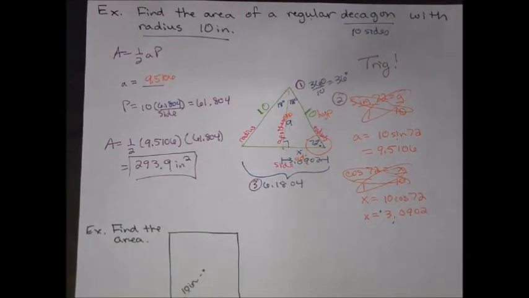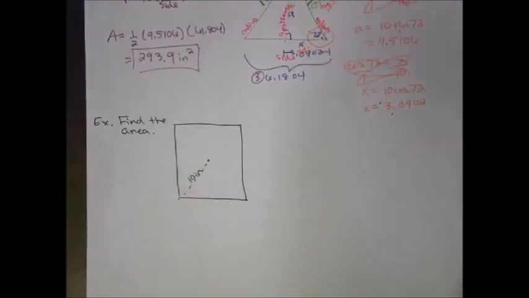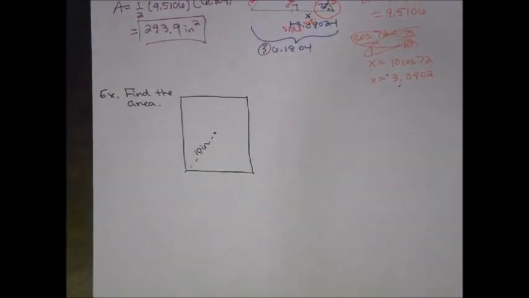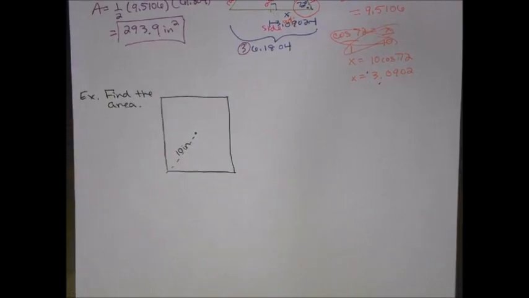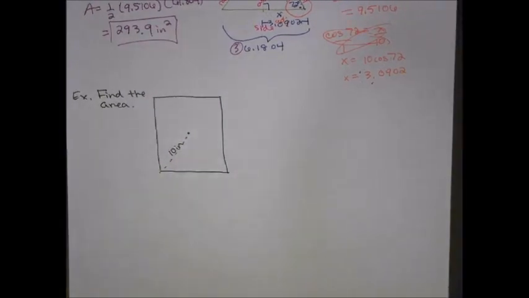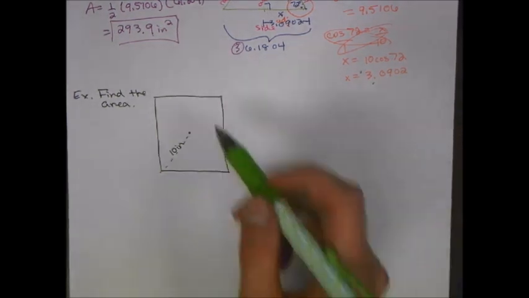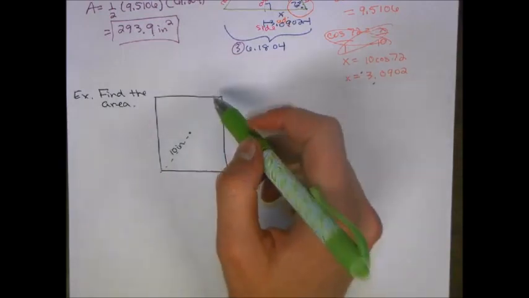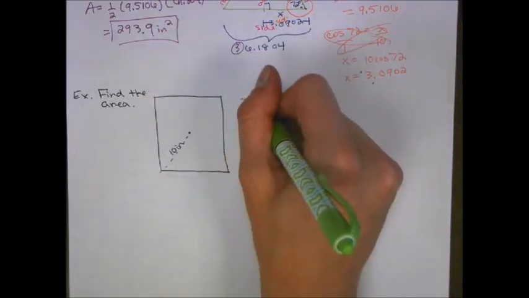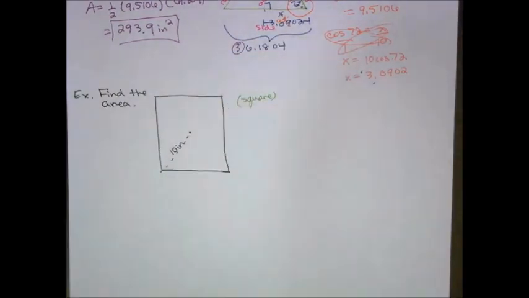We have one last example. They gave us the radius is 10. Here I have a regular quadrilateral, otherwise known as a square.